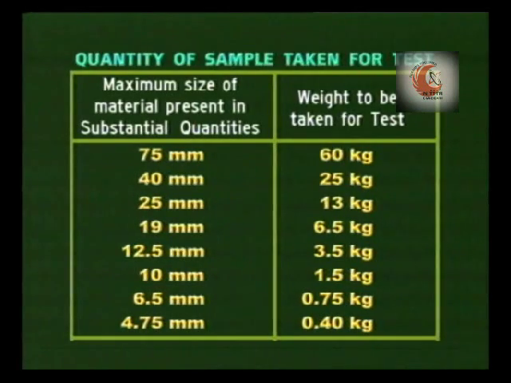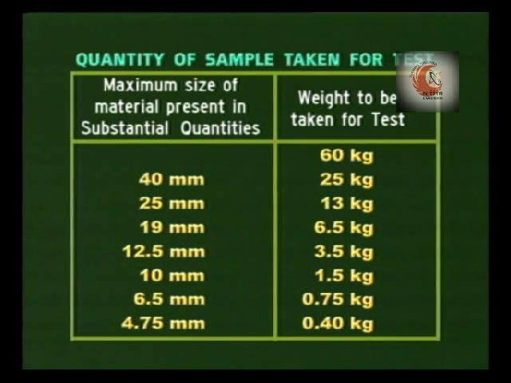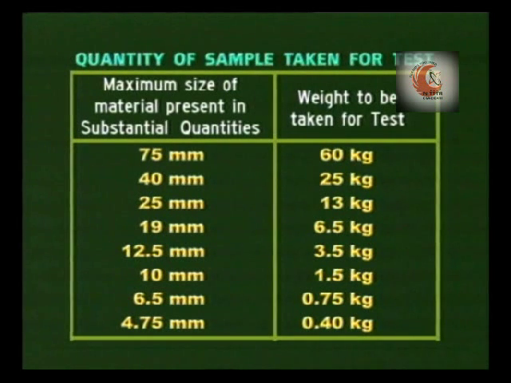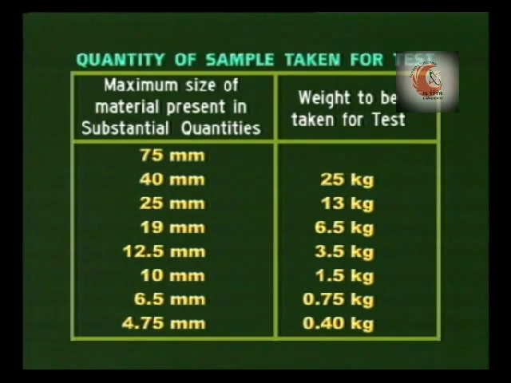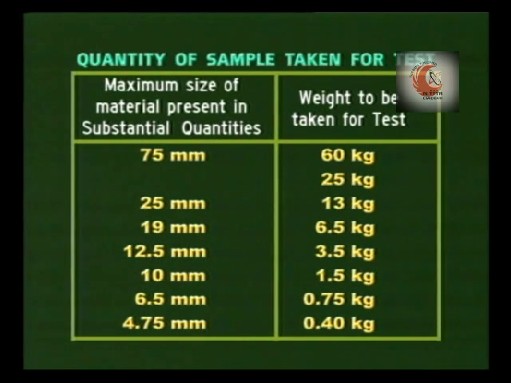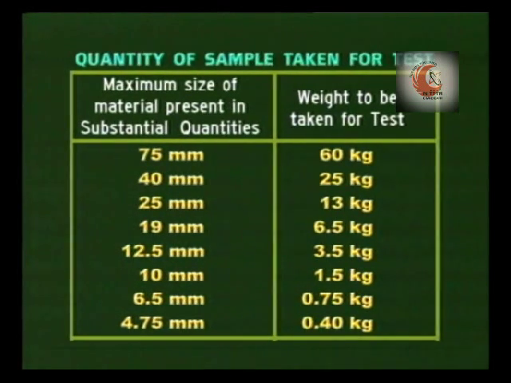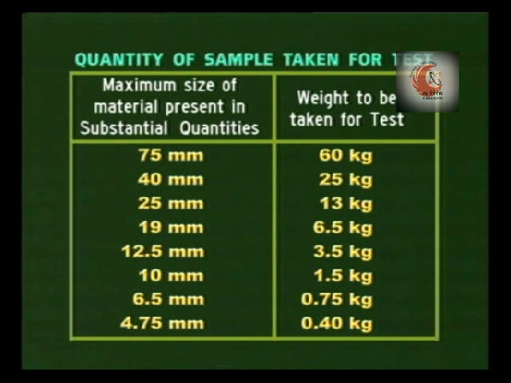Depending on the maximum size of particles present in substantial quantity in the soil, the weight of soil sample to be taken for analysis may be determined as per the table. If the maximum size of material present in substantial quantities is 75 mm, then the weight to be taken for test is 60 kg, and if it is 40 mm, then the weight to be taken for test is 25 kg.